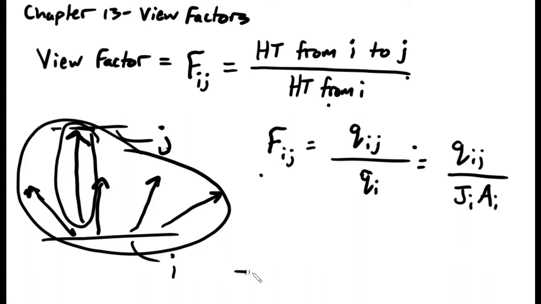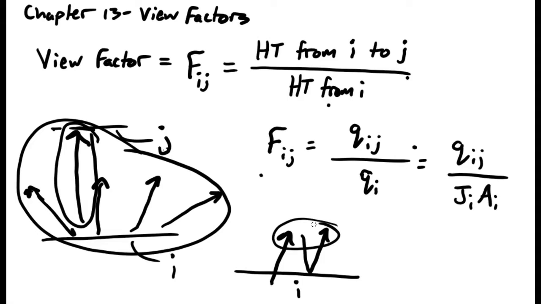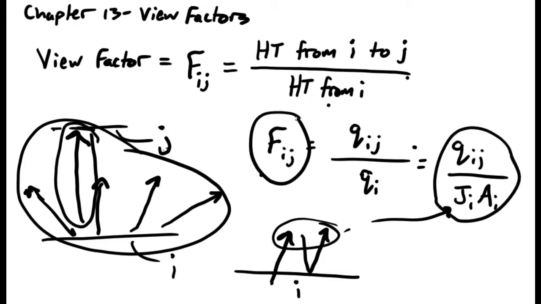Remember, the radiosity of a surface, if this is I, is equal to what's emitted plus what's reflected. So these two things make the radiosity. Okay? So if we rewrite it this way, then we can rearrange these two things to get Qij equals the view factor between Ij times the radiosity of I times the area of I.